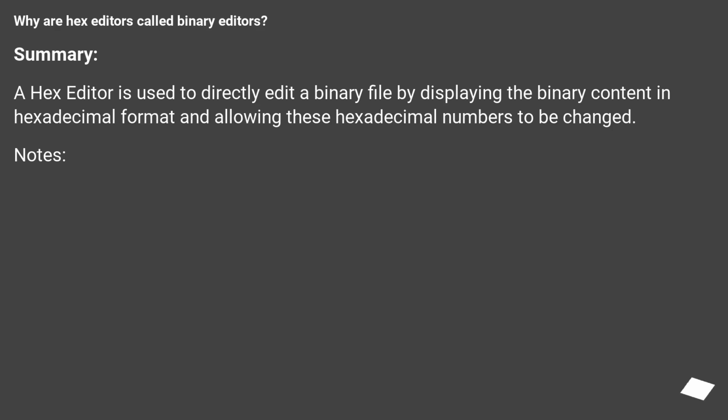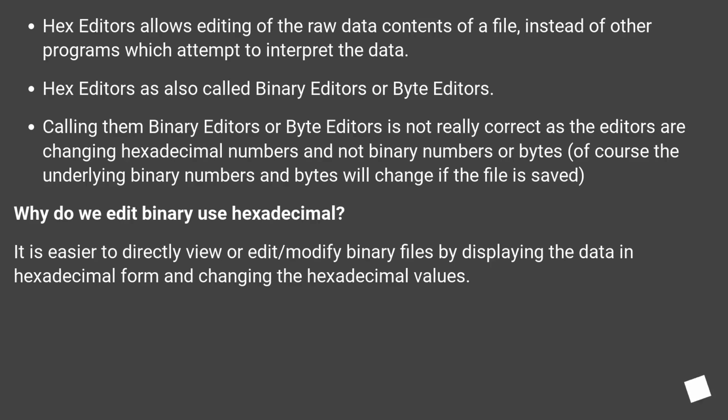Why are hex editors called binary editors? Summary. A hex editor is used to directly edit a binary file by displaying the binary content in hexadecimal format and allowing these hexadecimal numbers to be changed. Notes: Hex editors allow editing of the raw data contents of a file, instead of other programs which attempt to interpret the data.